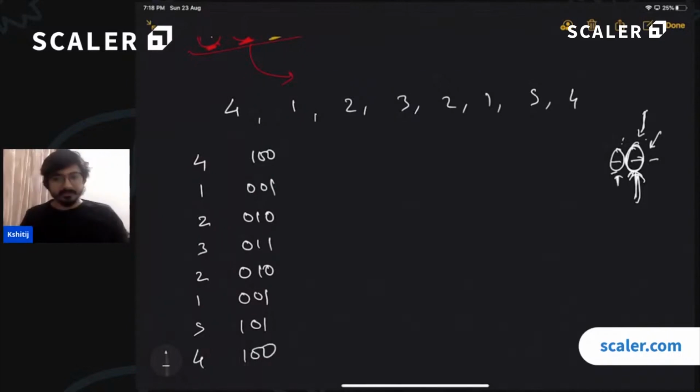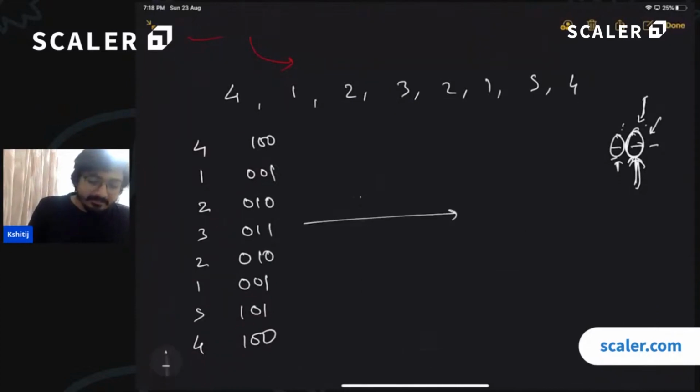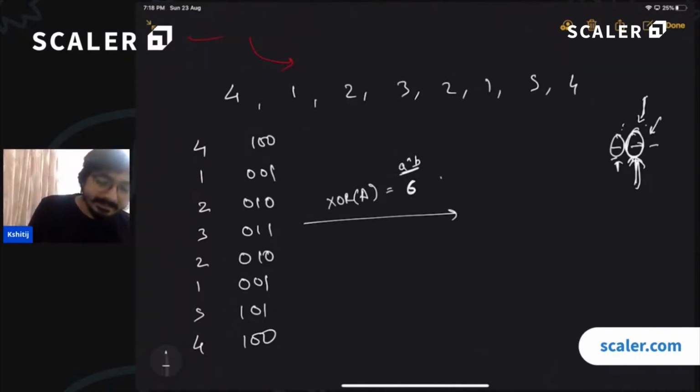So these are all the numbers, right? Now, if I take the XOR of the complete array A, what is the number that I'm getting? I'm getting 6, which is nothing but the XOR of the two numbers which are occurring odd numbers of time, right? And this 6 in binary is 110.